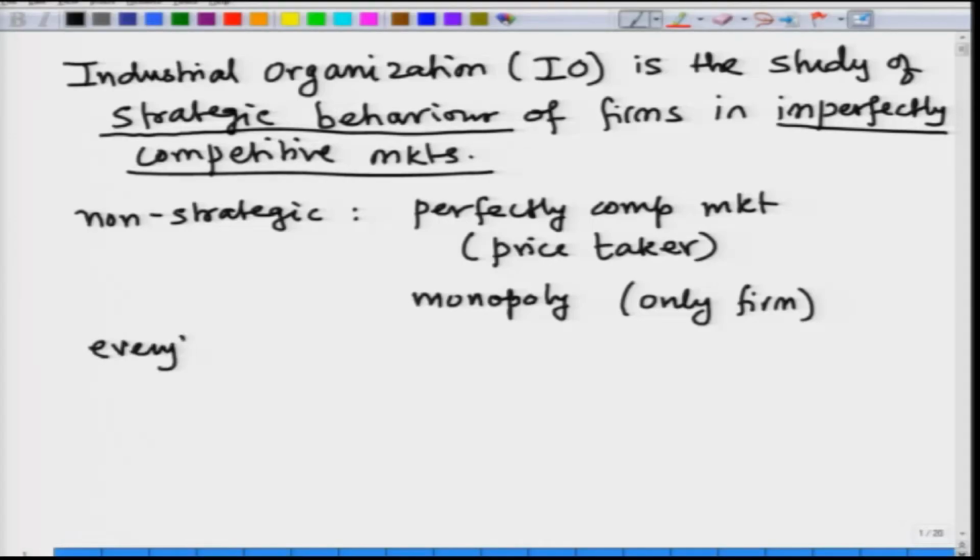Everything in between perfect competition and monopoly comes under the purview of imperfectly competitive markets. So, everything between perfect competition and monopoly also falls under the purview of things that are strategic.